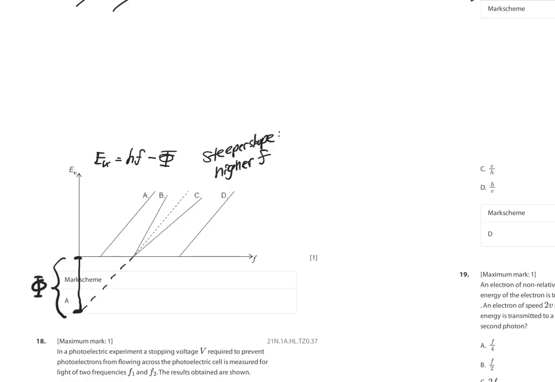That would be B. But it's the same frequency, so it's not B. And a smaller frequency would be C. And a bigger work function would be D, because D is going to intercept all the way down there. So we're left with A. A smaller work function, A is going to intercept right around there. So that's going to be the work function for A, so A is our graph.